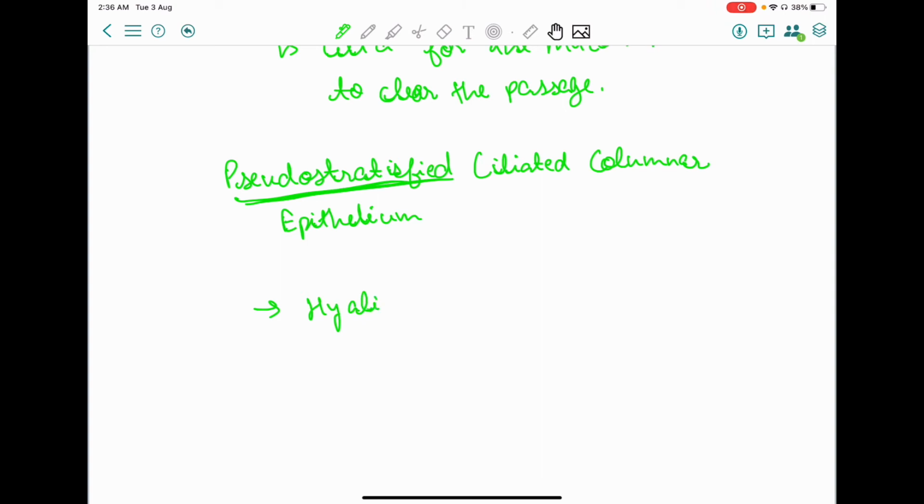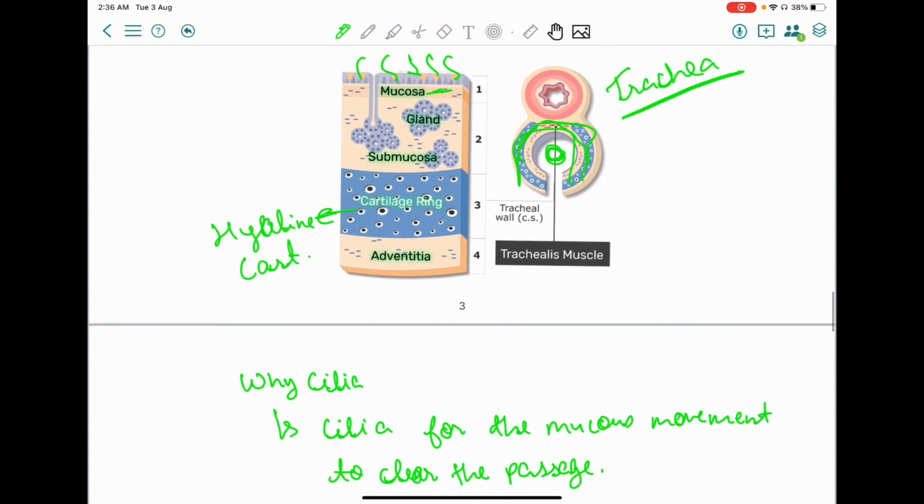And here I want to tell you about this hyaline cartilage. First of all, these are rigid. Is the whole respiratory tube covered by this hyaline cartilage?